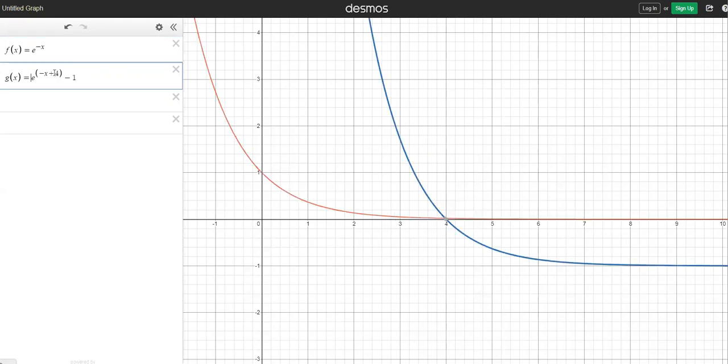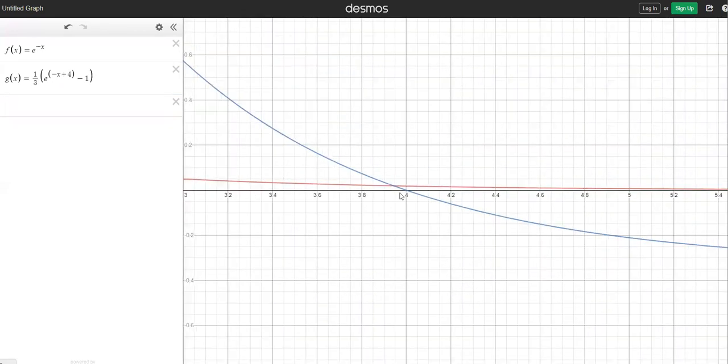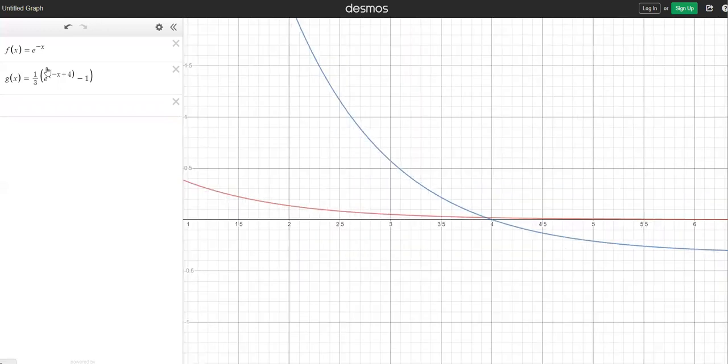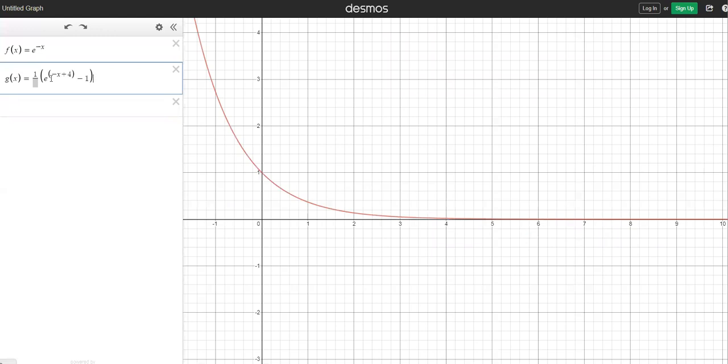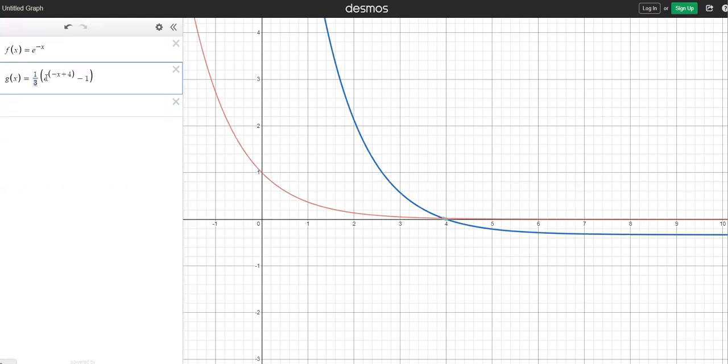And then finally, the last thing I'm doing is I'm multiplying by 1/3. And this multiply by 1/3 causes everything to shrink to 1/3 the height. Now it's kind of hard to see here, but basically, uh-oh, everything's getting goofed up now. 1/3 the height shrinks it vertically.